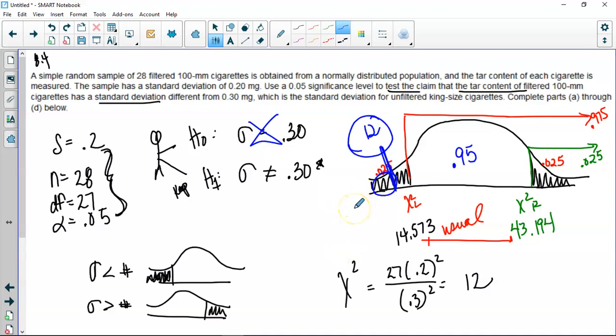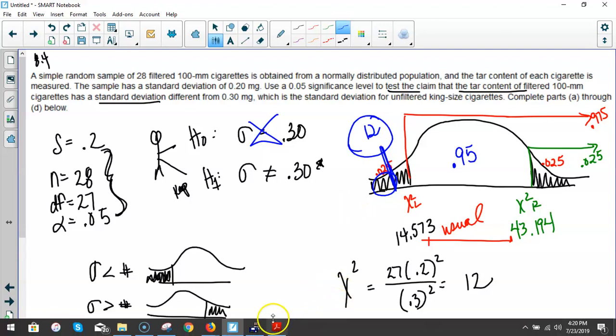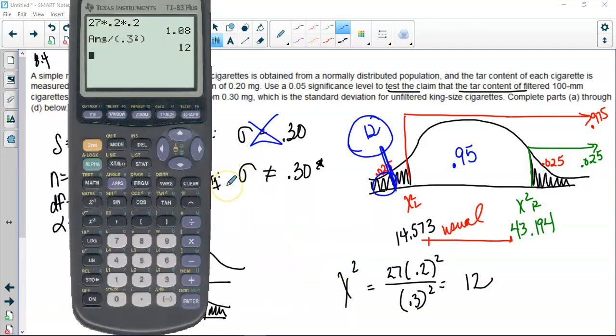The other thing you could have done, and I know that MyLabs Plus tends to prompt you to do, is find the p-value for these things. I hate finding p-values for chi-values because you really need to draw this chart to see which way you're going to run.